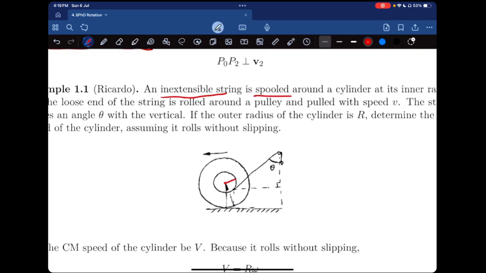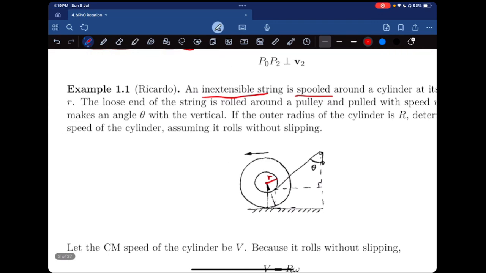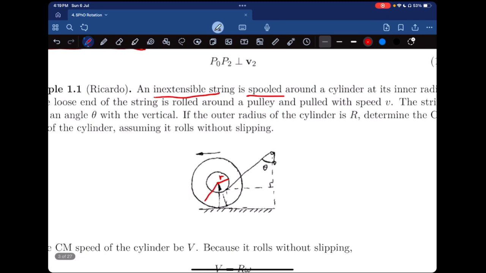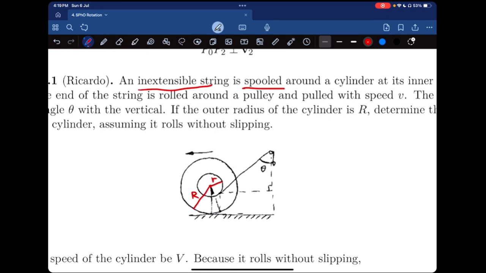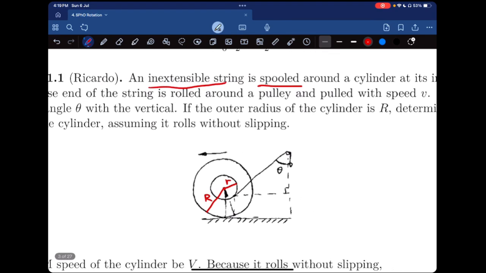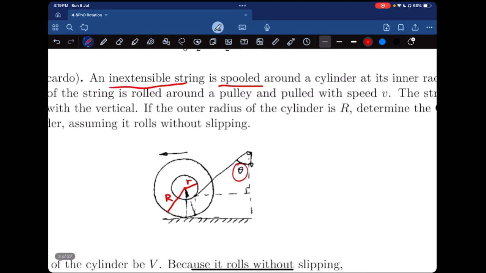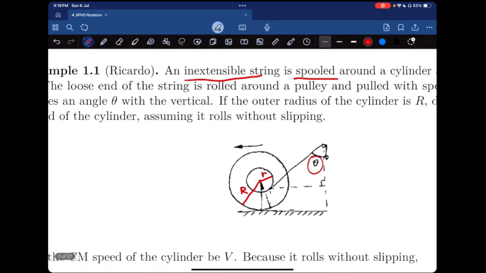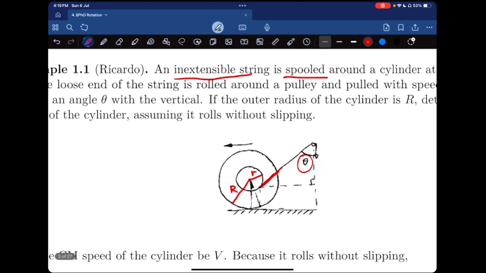It has an inner radius of small r, and an outer radius of big R. Your string is at a fixed angle theta with the vertical. Now you want to find the CM speed of the cylinder if this is being pulled with speed small v. And you're given the assumption that it rolls without slipping.